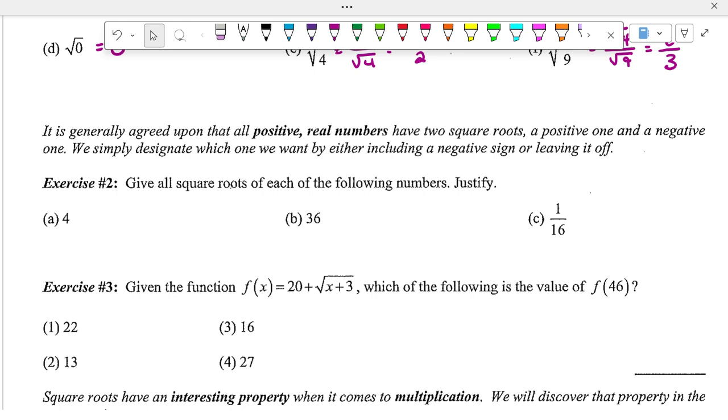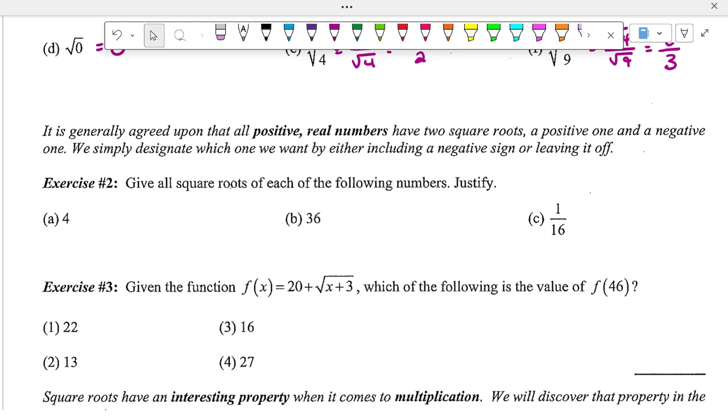Let me ask you this: are there numbers that when you square them, will get the exact same number? For example, can someone name two numbers that would give me 9 if I squared them? Which two numbers?